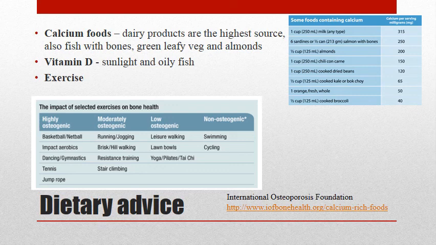Low bone building exercises are walking, lawn bowls, yoga, and the things that don't really help to build bone are swimming and cycling. The reason is that you're not weight bearing during those. It's the weight bearing exercise that helps you build bone density. That's why they say as you get older you should still be doing some kind of weights, so that you are working on your bone density.